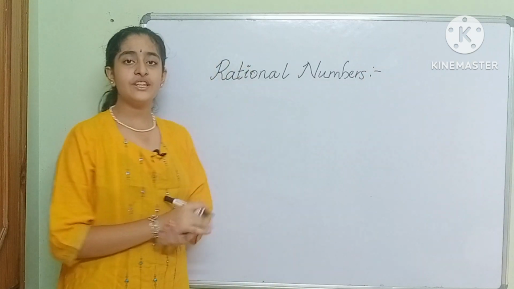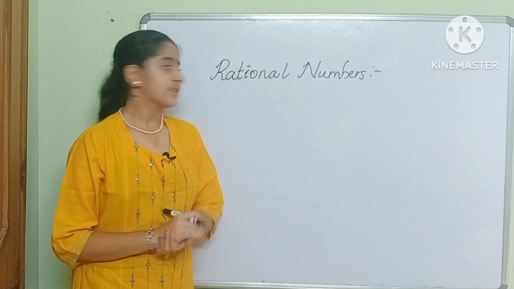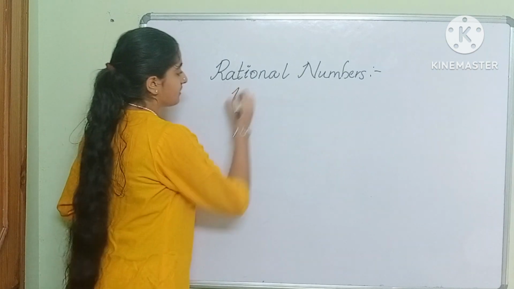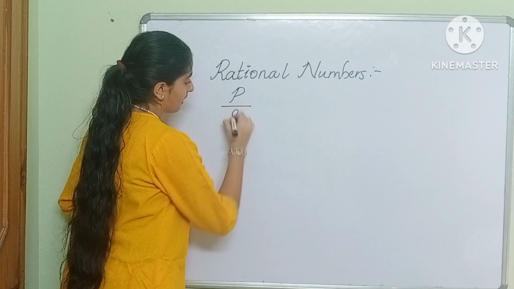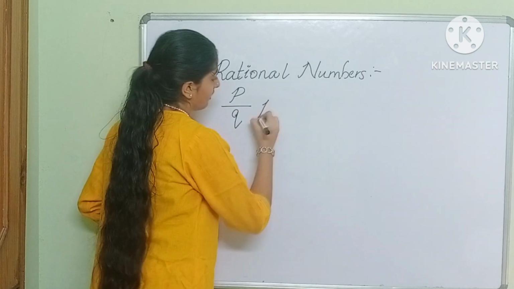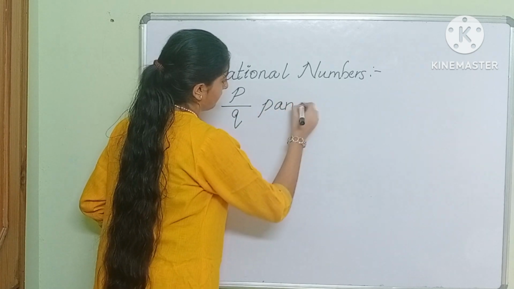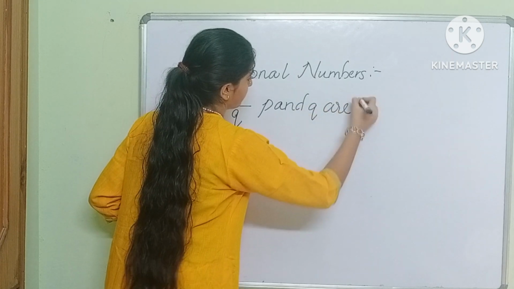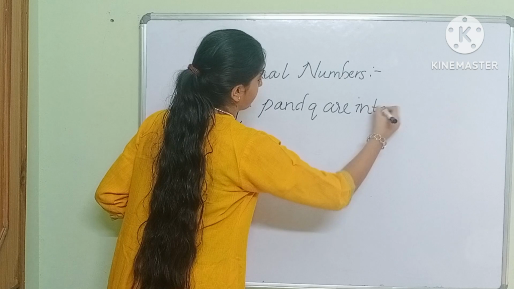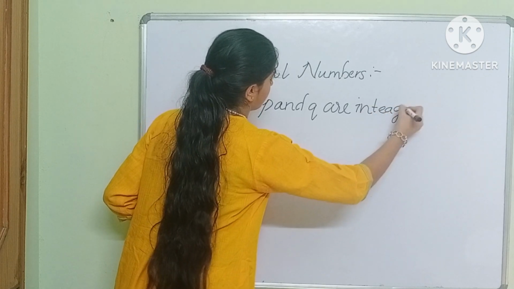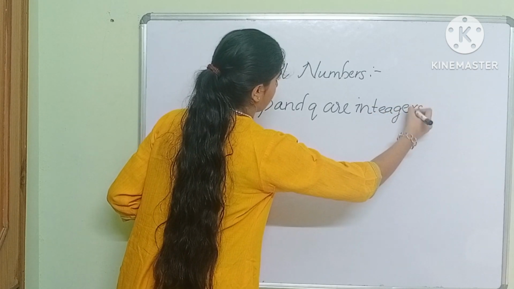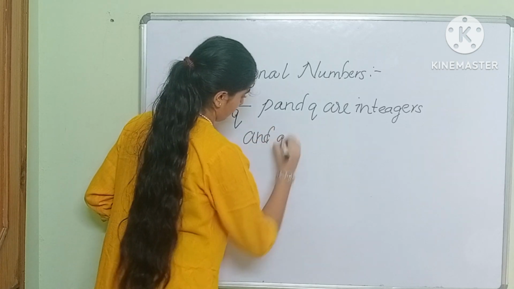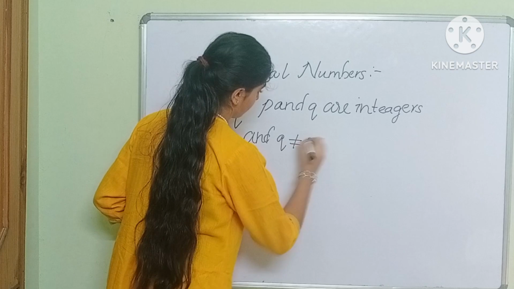So, here the question is, what are rational numbers? Rational numbers are the numbers which can be represented in the form of P by Q, where P and Q are integers and Q is not equal to 0.